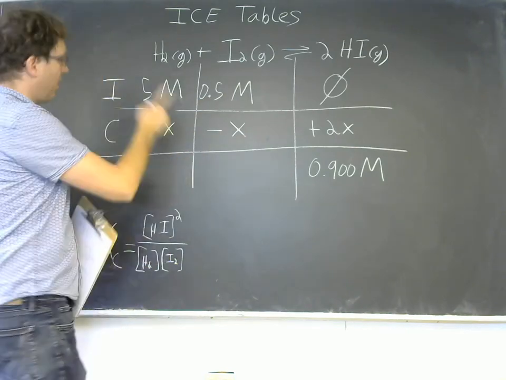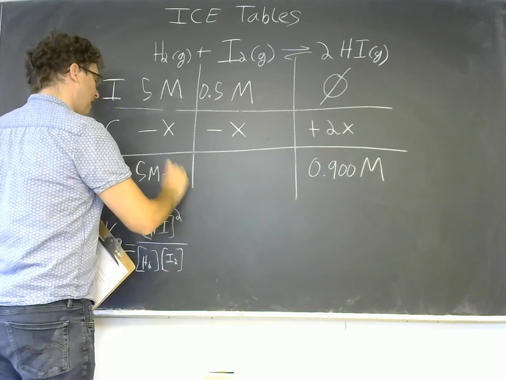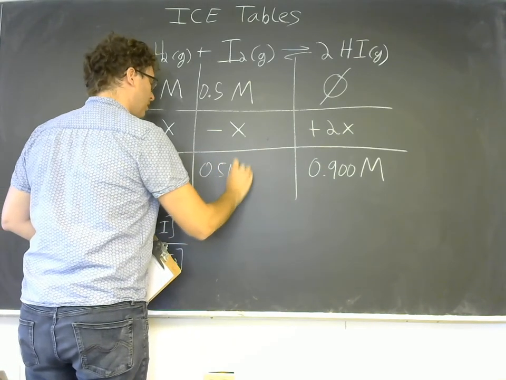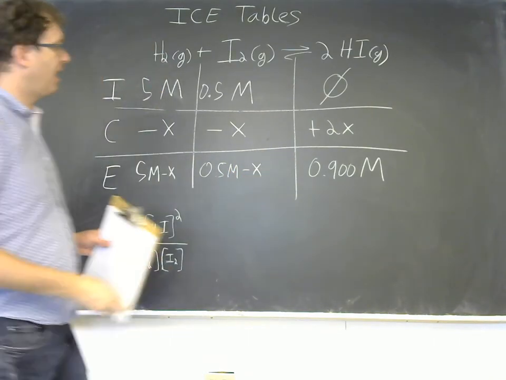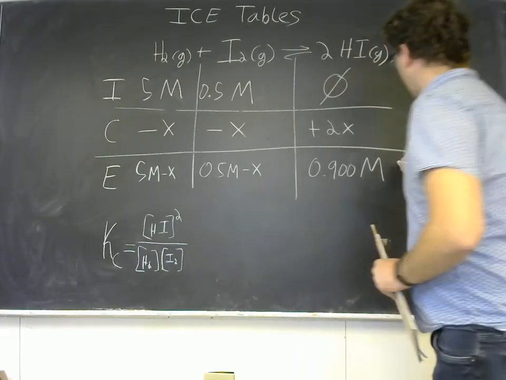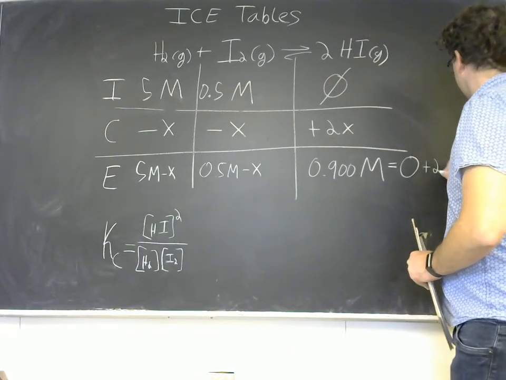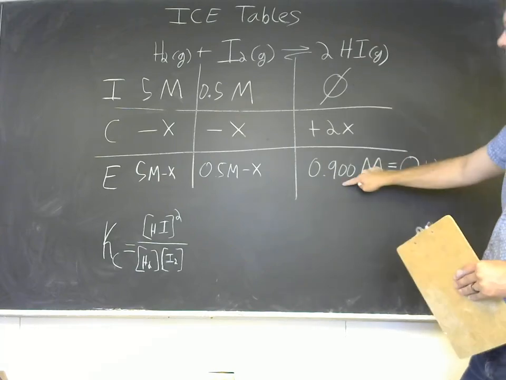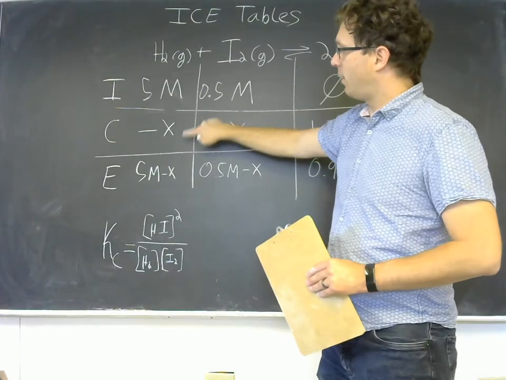And then our final amount here is going to be 5 molar minus x and 0.5 molar minus x. And this 0.9 molar here, that is 0 plus 2x. In other words, the initial plus the change is going to be your equilibrium amount in each of these columns.